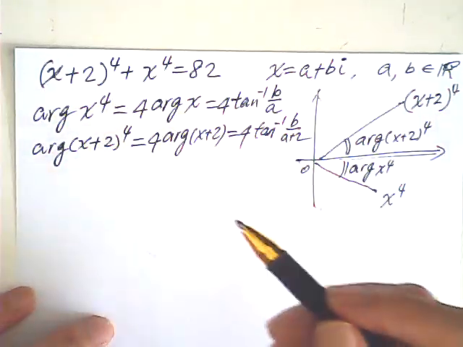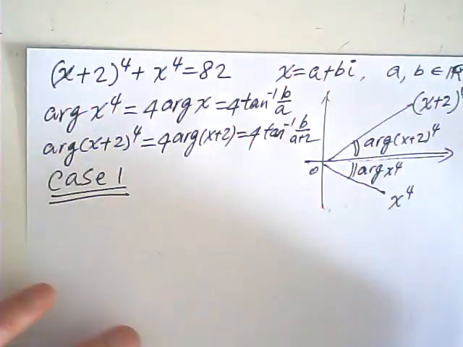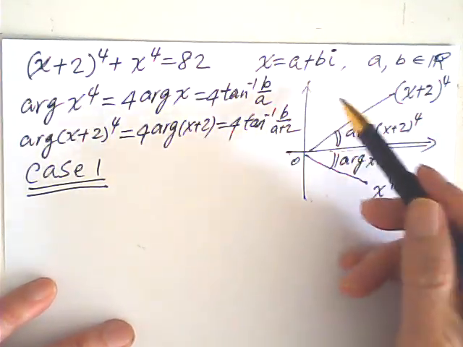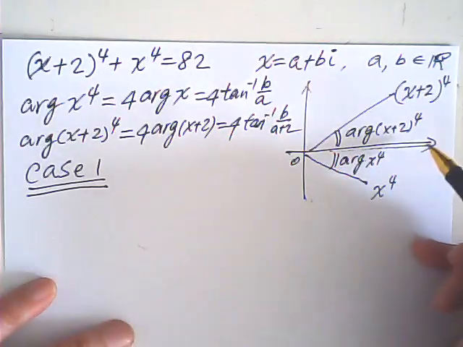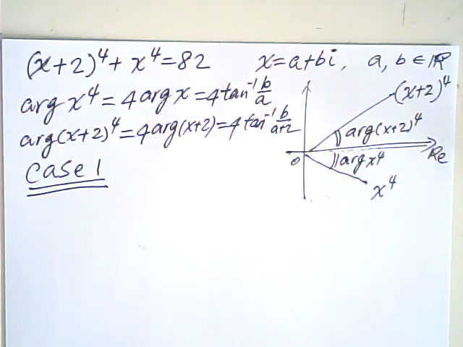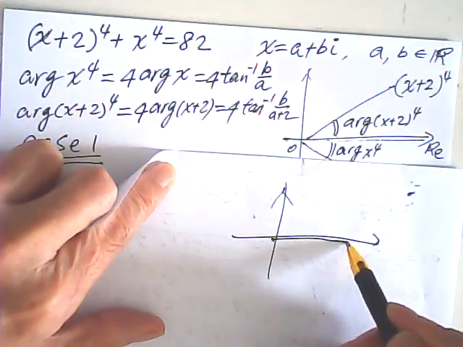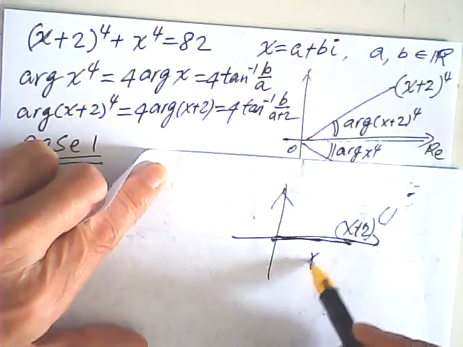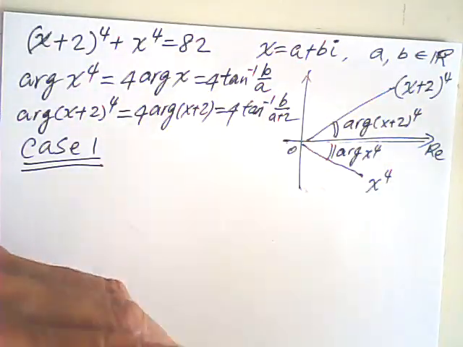Okay, good. Now, case 1, the first possibility: these two complex numbers, after multiplying the angle by 4, both land on the real axis. That means x plus 2 to the fourth and x to the fourth are both on the real axis.